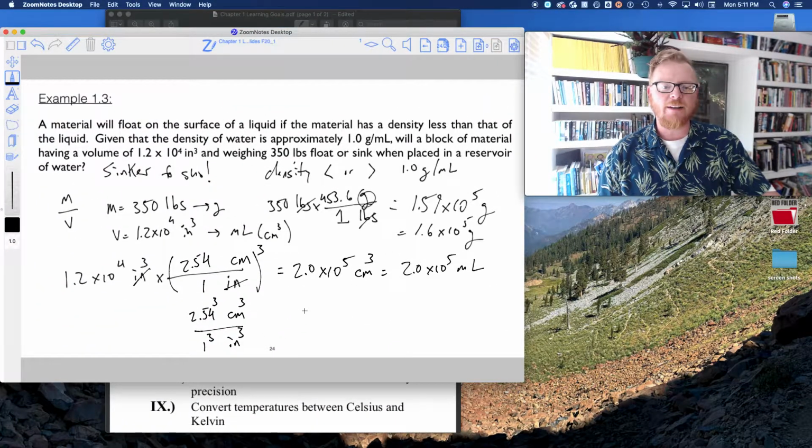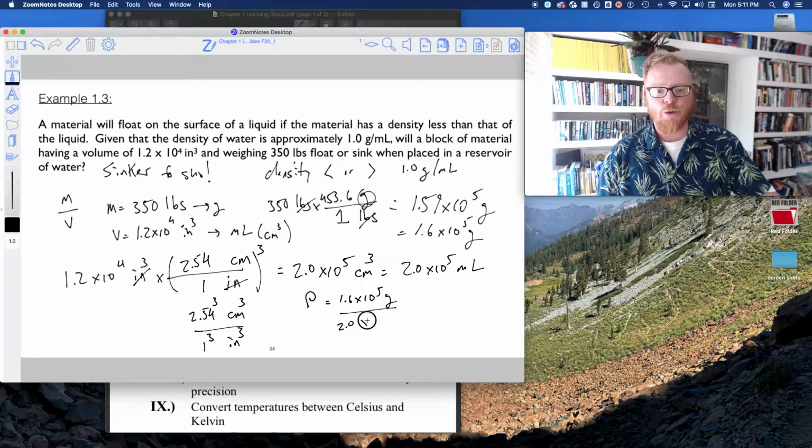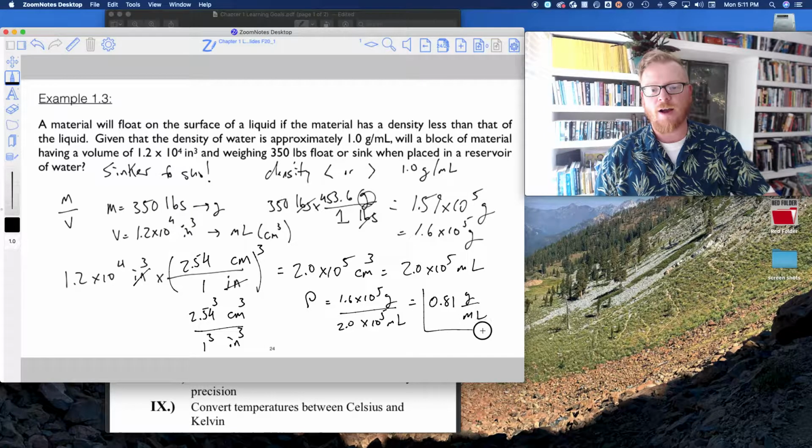So now, finally, to calculate the density, Greek letter rho, it's going to be the mass, which was the 1.6 times 10 to the 5th grams, divided by the volume, 2.0 times 10 to the 5th milliliters. Okay, and when you plug that in your calculator, you're going to have 2 significant digits. I get 0.81 grams per milliliter.